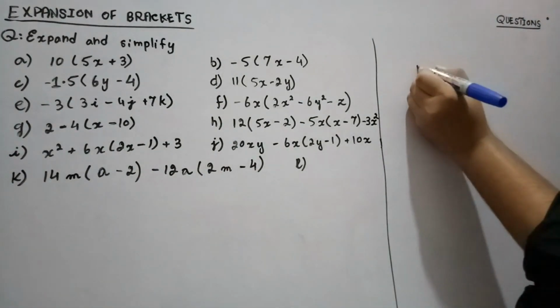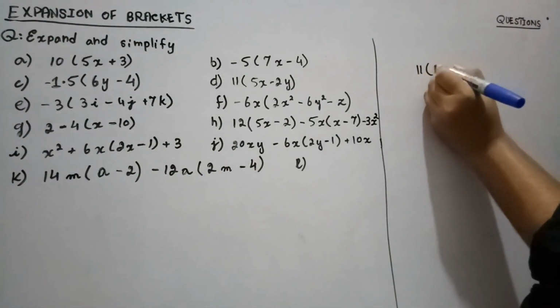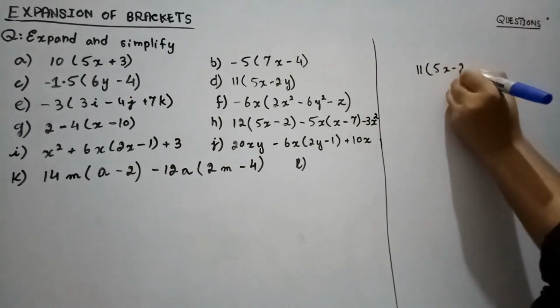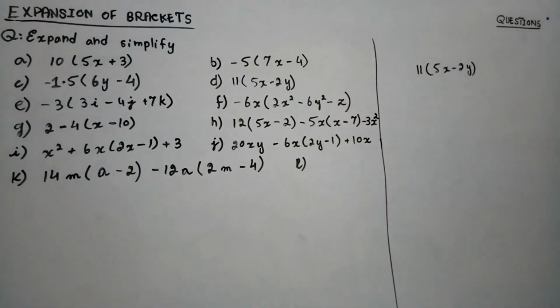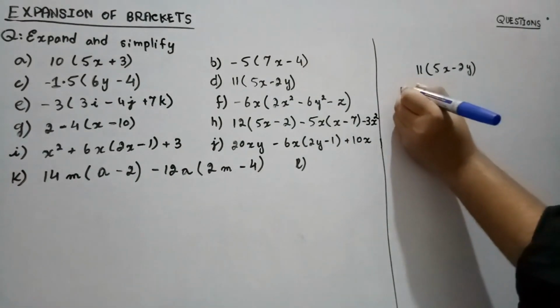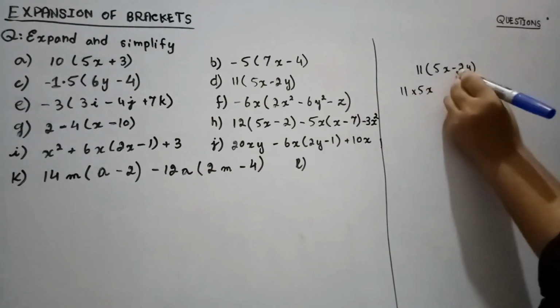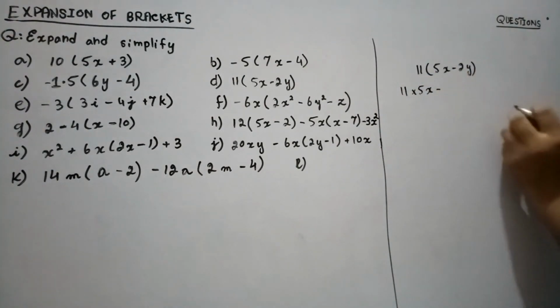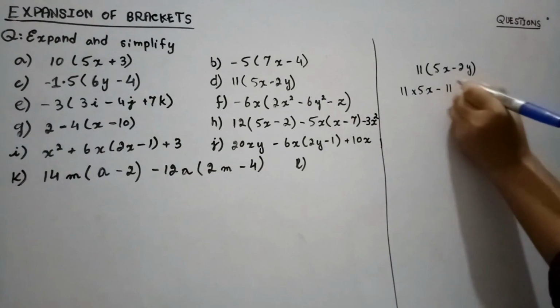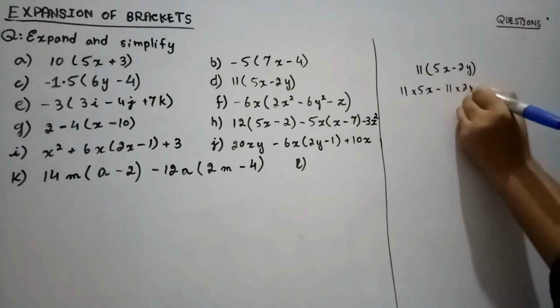Now here we have 11, and it is going to multiply by (5x minus 2y). Again we have a positive 11, and it is going to multiply by 5x, and this minus sign as it is, and 11 is again going to multiply with 2y.